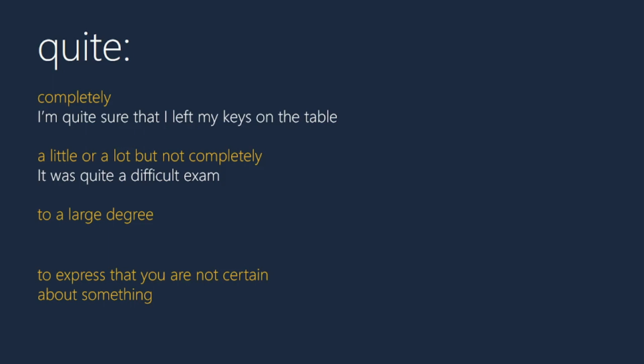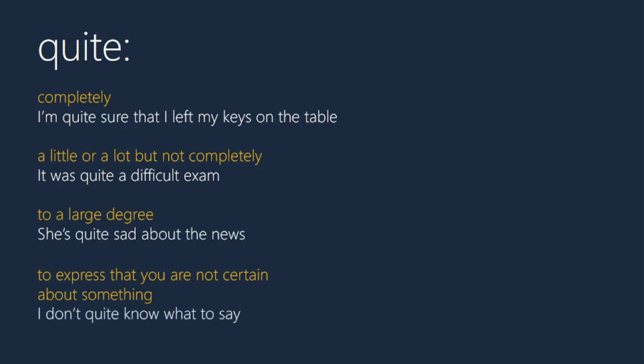So you are saying that the exam was difficult, maybe very difficult, but not 100% difficult, because you were able to do some part of it. She's quite sad about the news. So somebody is very, very sad about something. And I don't quite know what to say. So you're not sure about something, what to do, what to say about something. So there are 4 different ways you can use the word quite.